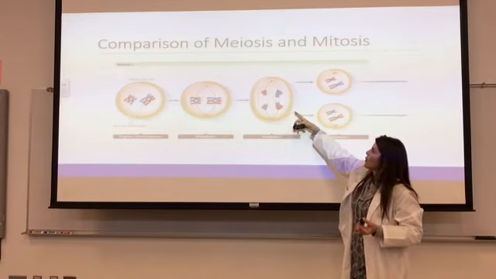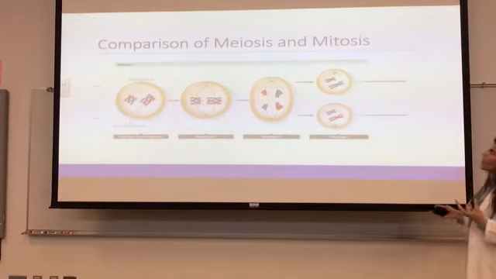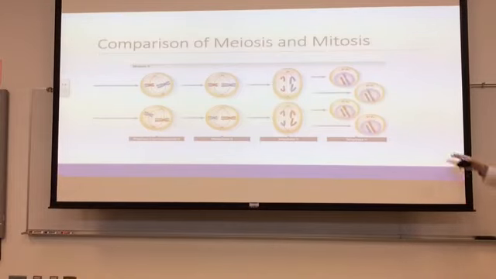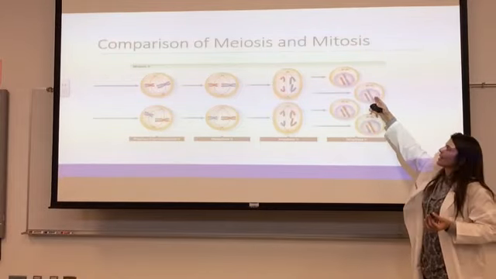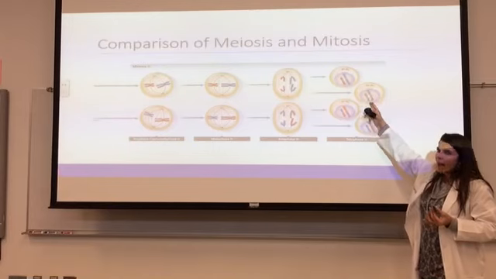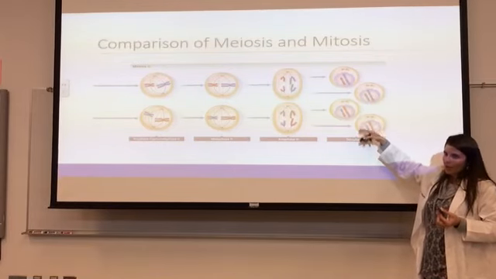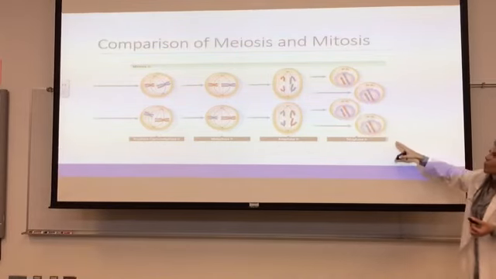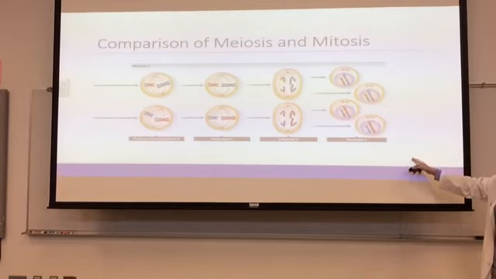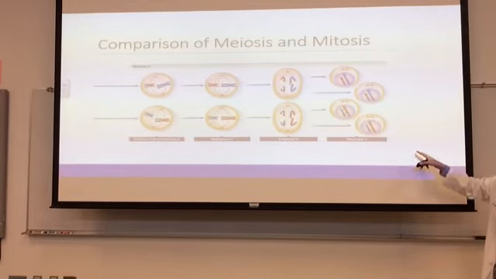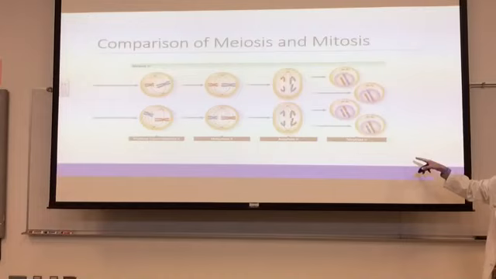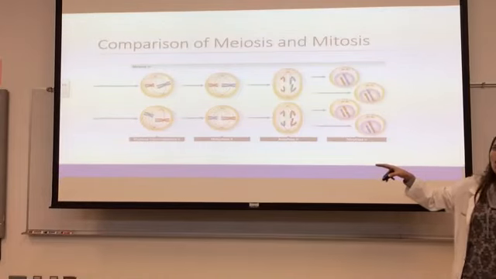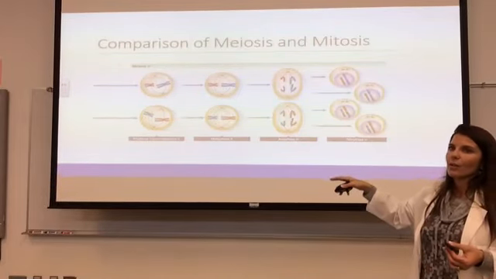Okay, so the exchange of genetic material. And there are 2 divisions in meiosis where, again, we end with 4 genetically different haploid daughter cells. This is what increases our chances of survival. Meiosis only occurs in gametes, whereas mitosis occurs in all somatic cells.